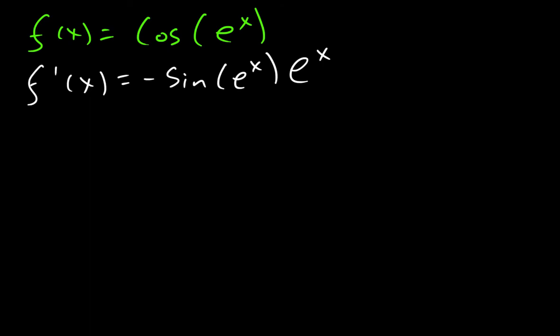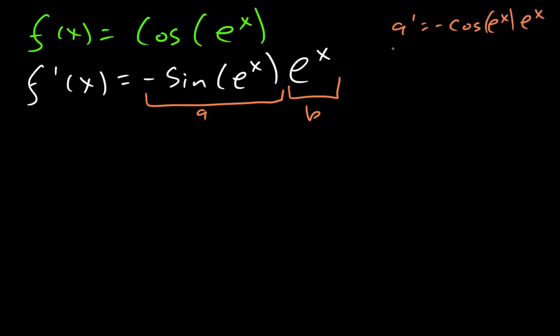Now, when we're trying to find the second derivative, we're going to call this a. We're going to call this b. So a prime is going to be negative cosine e to the x times e to the x. And the derivative of b is going to be e to the x.